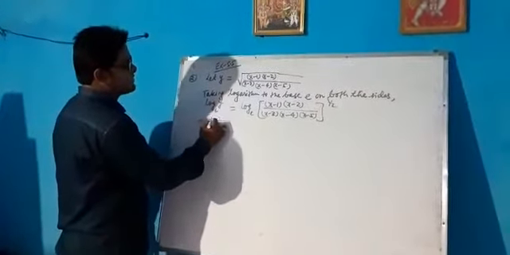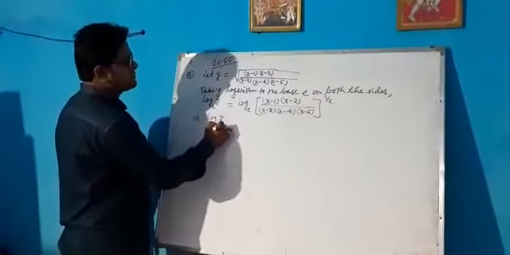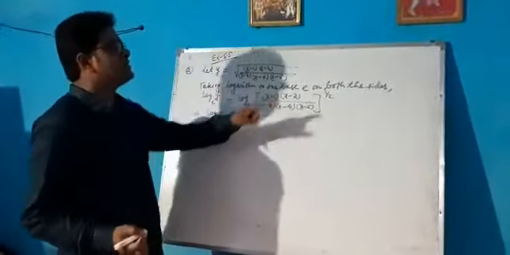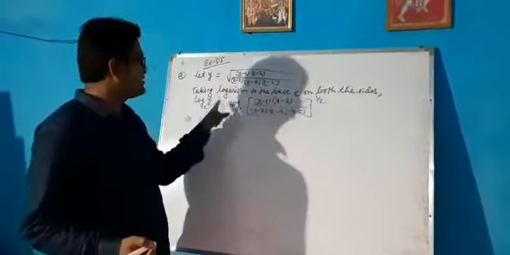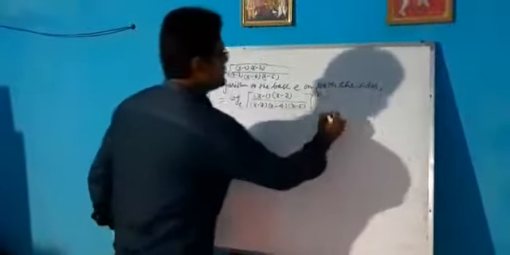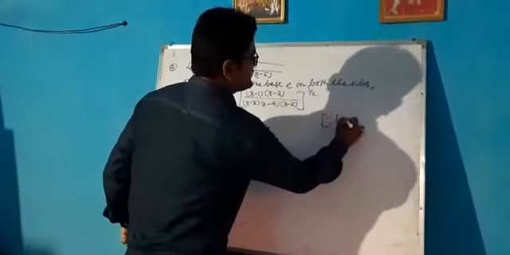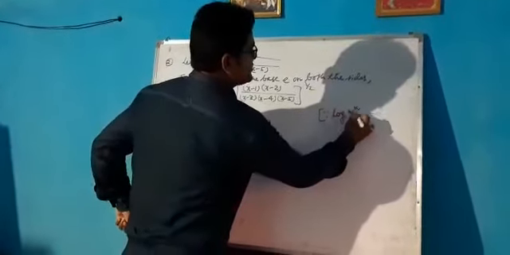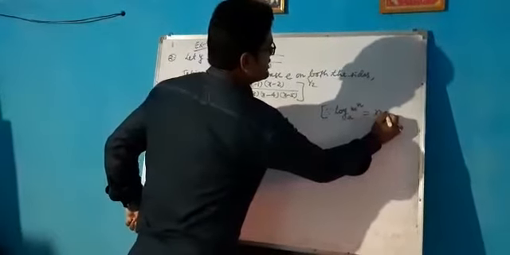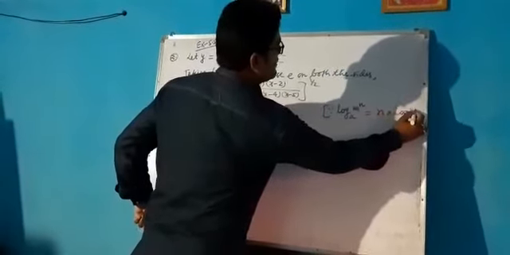So can we write it as log y to the base e is equal to, now this is an exponent, so can I bring it this side by the rule of logarithm which I have discussed earlier? Log m to the power n is n into log m to the base a.